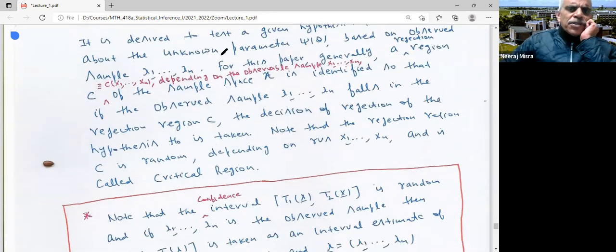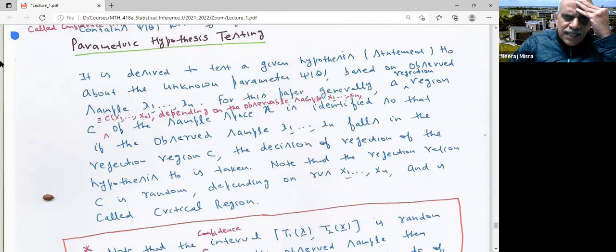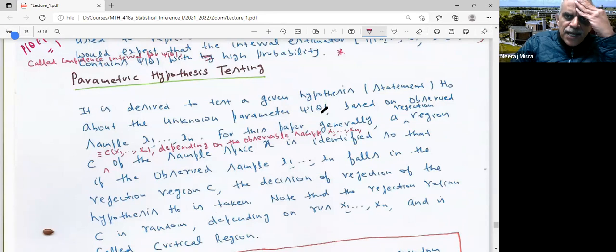In parametric hypothesis testing problems, I'm interested in testing a certain statement about the parameter psi(theta). So it is desired to test a given hypothesis H0 about the unknown parameter psi(theta) based on the observed sample X1, X2, ..., Xn.